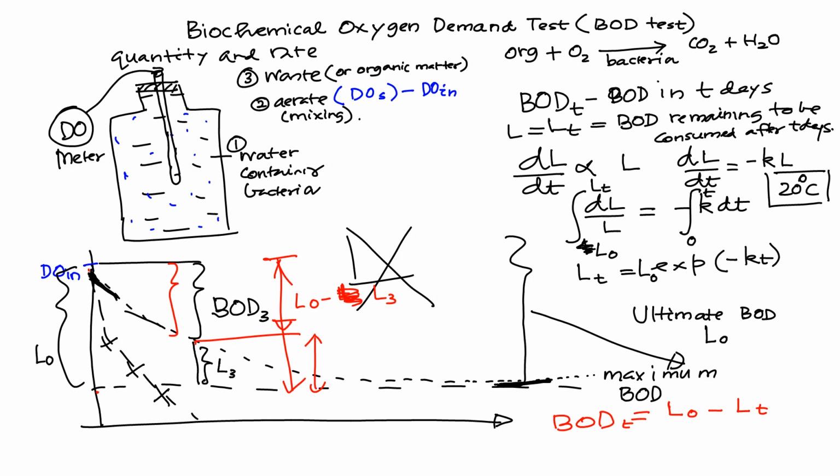You had lots of food at the beginning, which is L0. Then L0 becomes less and less, and when the remaining food is 0, bacteria don't have anything to eat, so their metabolism goes down and down, and their rate goes down. That rate is always proportional to the amount of food remaining in the water.